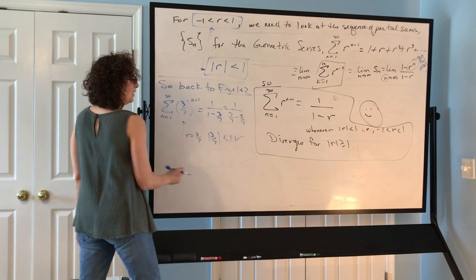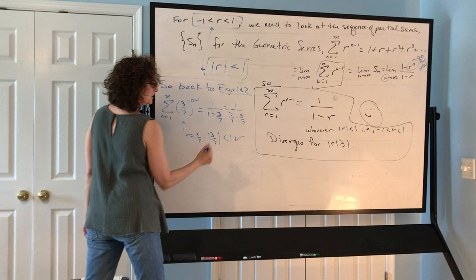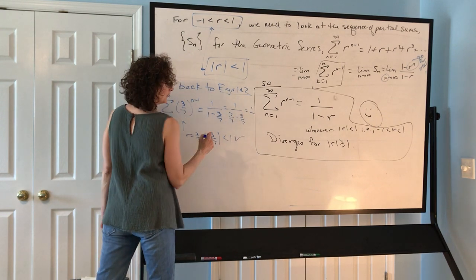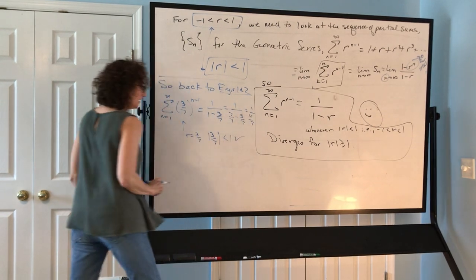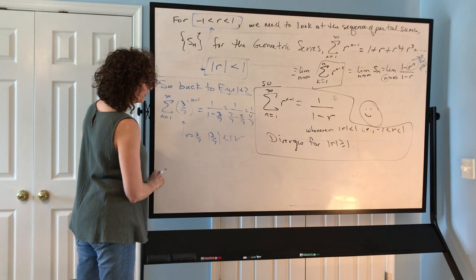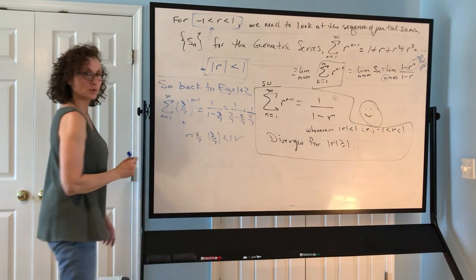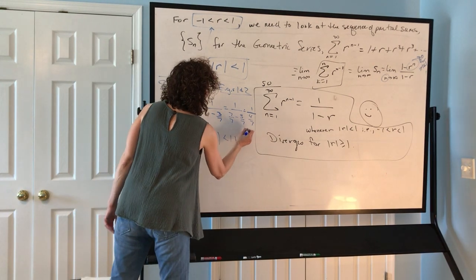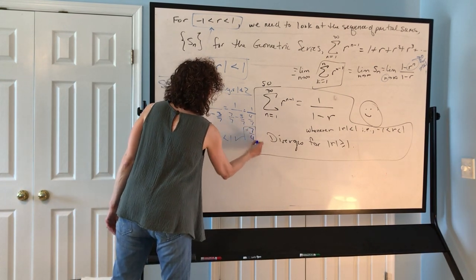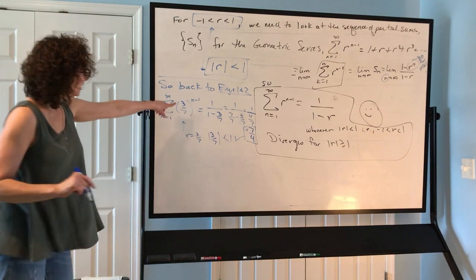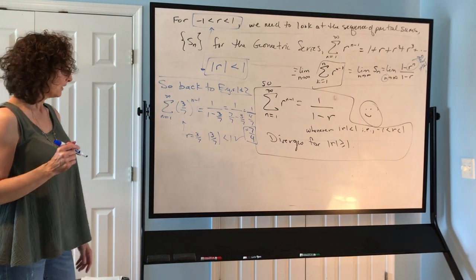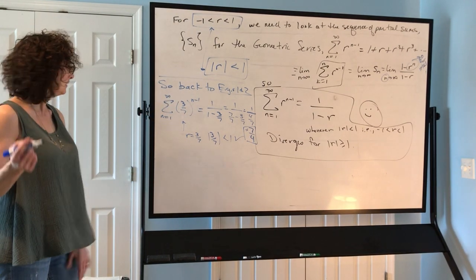What is 7/7 minus 3/7? 1 over 4/7. What is 1 over 4/7? Good. 7/4. So when I add up all of those guys, I get 7/4. How crazy is that? That's just crazy.